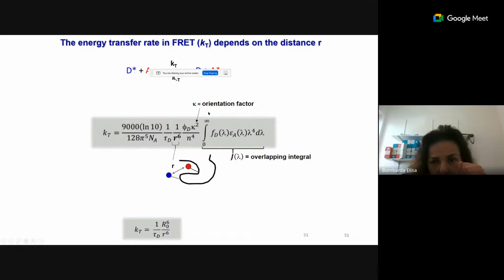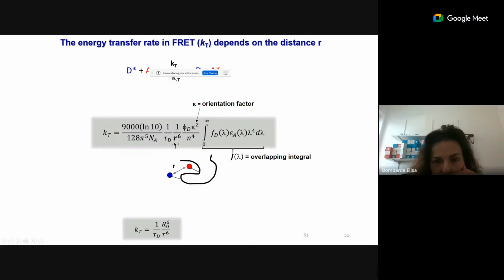This part here is the contribution of the overlap between the emission of the donor and the absorption of the acceptor, because that is something that has to happen. This R instead is the distance between the donor and the acceptor, which also plays a role, because the closer they are, the easier it is, of course, to enter in resonance.